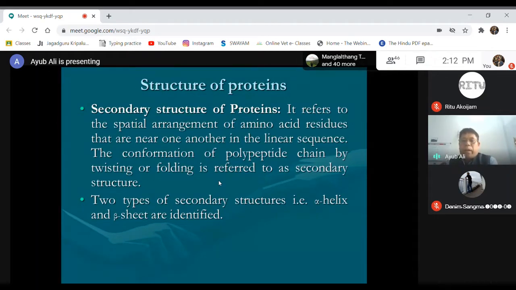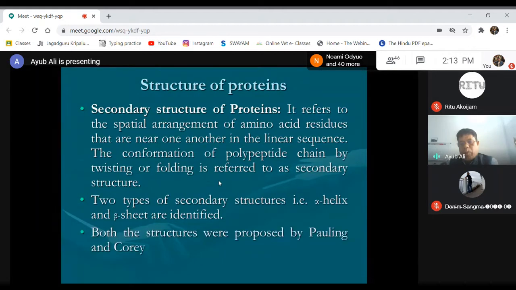Then after the helical structure, the sheet structure of the protein was identified, so it comes second, beta. So alpha and beta is just the sequence in which these structures were discovered or identified in the protein molecule.